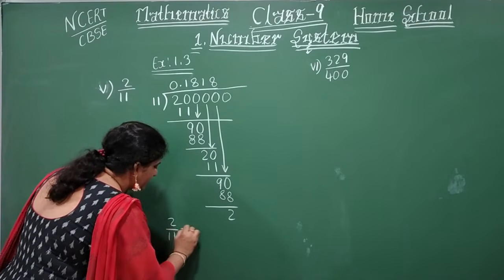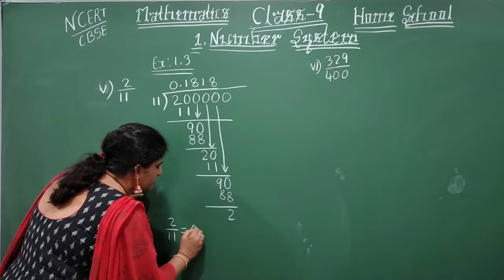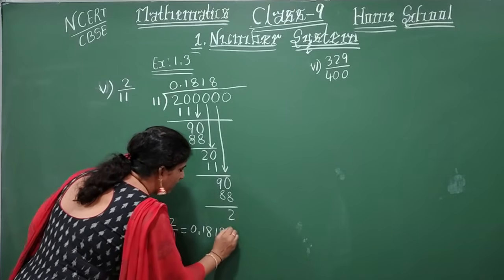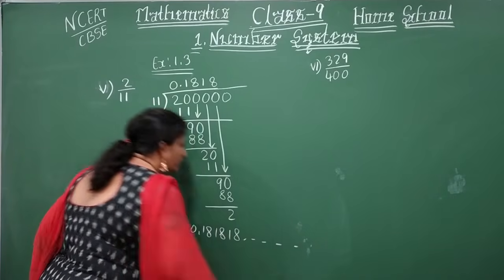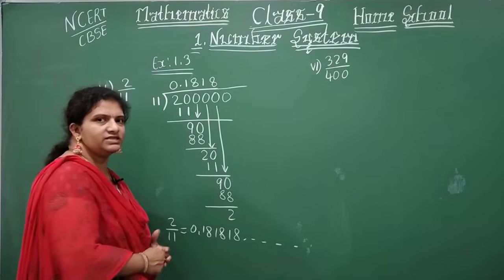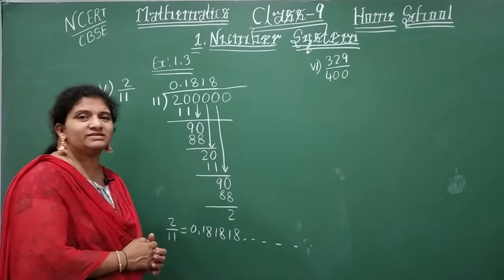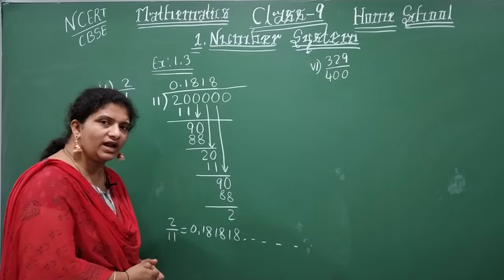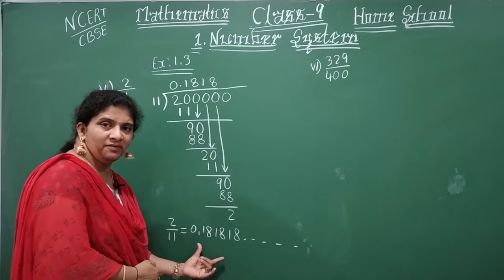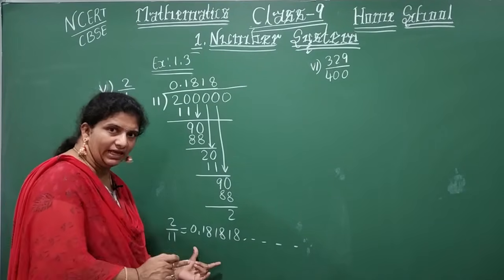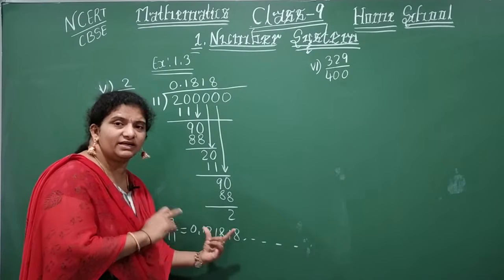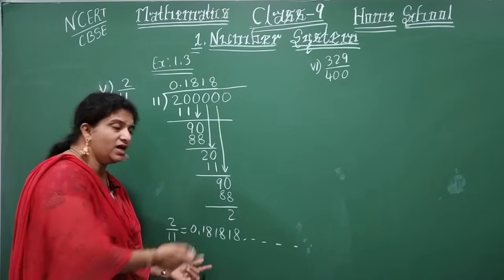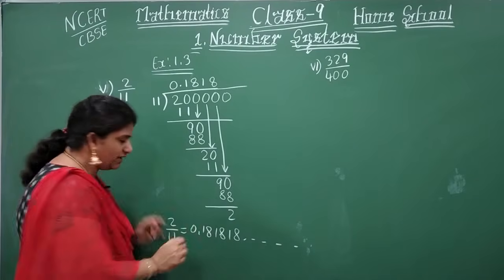So what is this? 2 by 11 is equal to 0.181818, and so on. There is no end for this division. So what is this decimal expansion called, children? It is non-terminating. There is no end, right? It is a non-terminating repeating decimal.